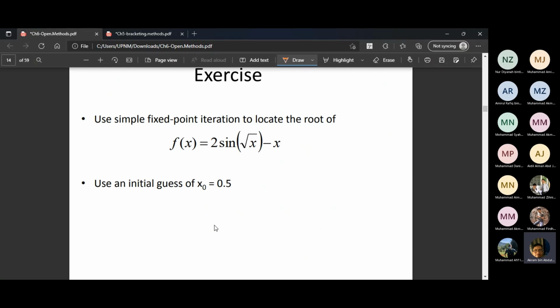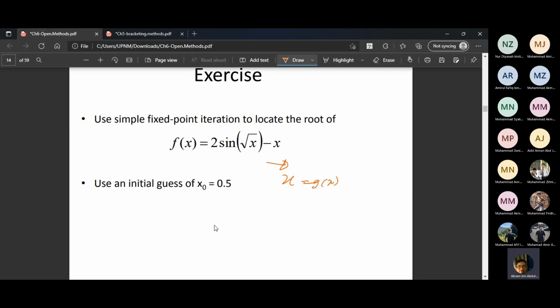So the first step is to rewrite this equation in terms of x and g(x). So straight away, we can say that x is equal to 2 sine square root of x. Very easy, right? So we have done the first step.